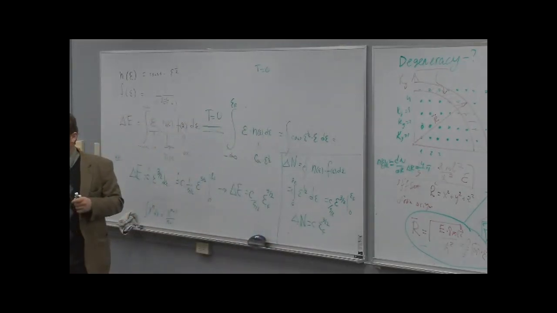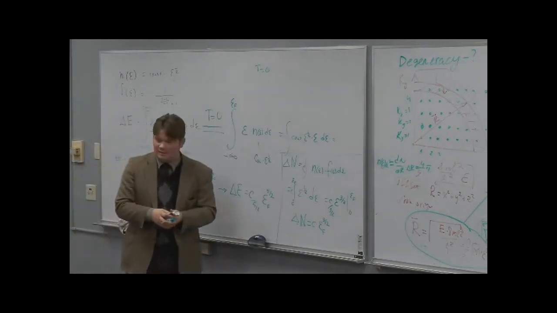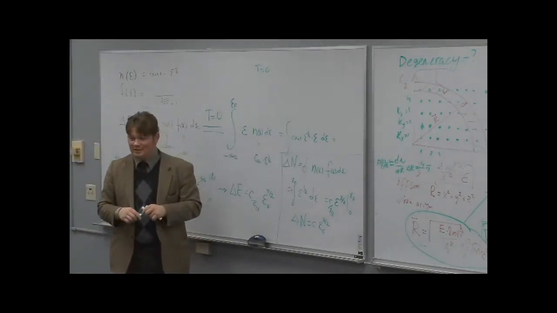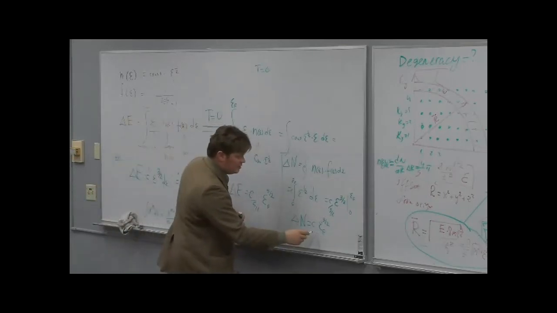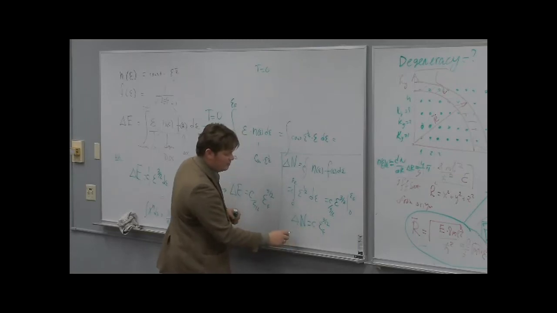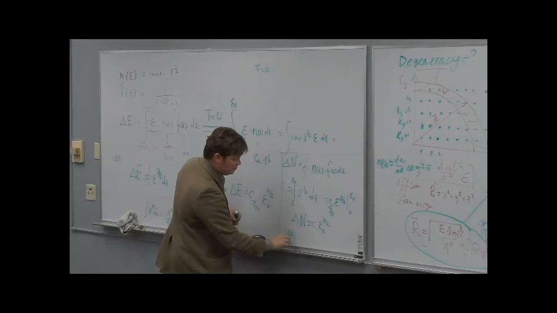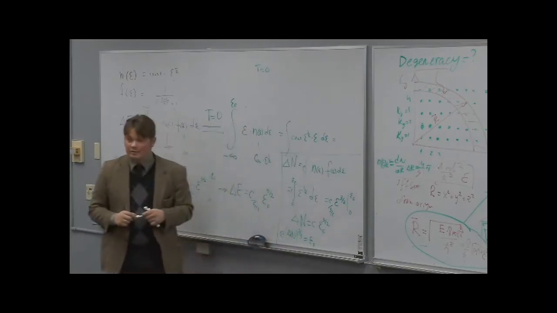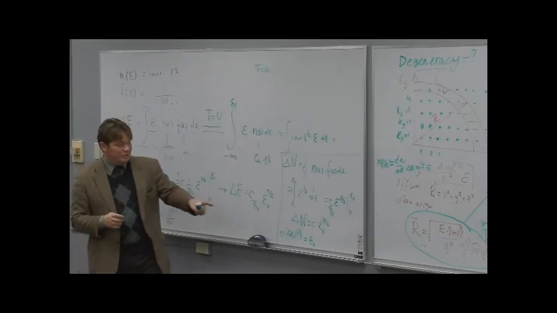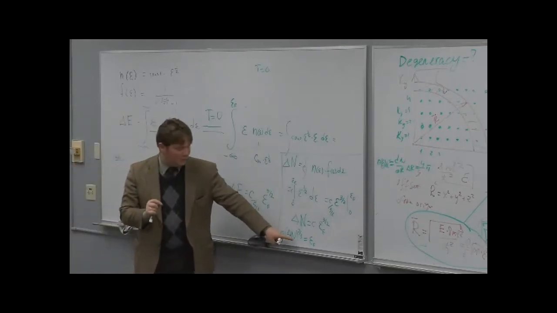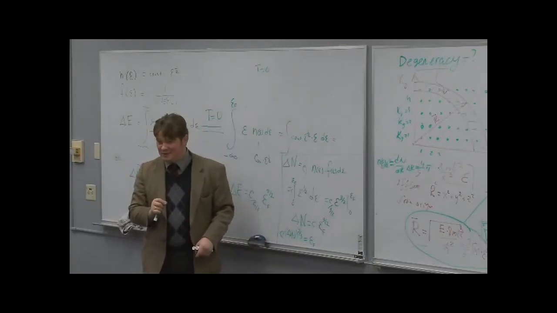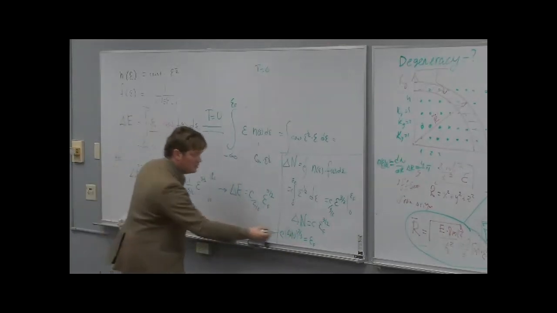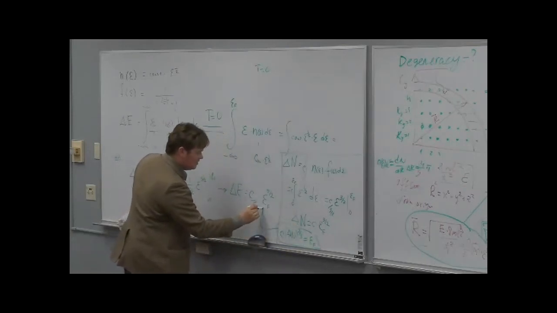Good? Now, let us stand on our heads once again. Invert the dependence. So, if the number of electrons depends on energy this way, then delta n to the power 2/3 will be the Fermi energy. Right? So now, if we know the density, the number of electrons, we can find what will be the energy of HOMO, the Fermi energy. And we are going to plug this expression into here.